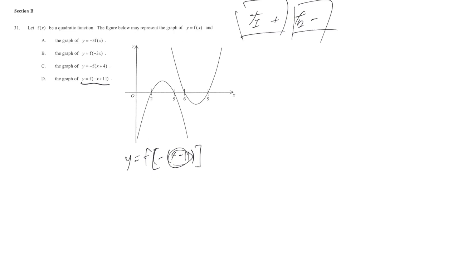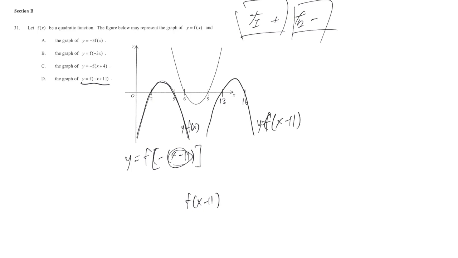So based on this, if this is the original function y equal to f(x), then f(x minus 11) will move to the right hand side. So 2 plus 11 will become 13. 5 plus 11 will become 16. This one will be y is equal to f(x minus 11).